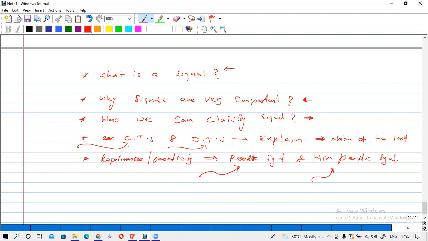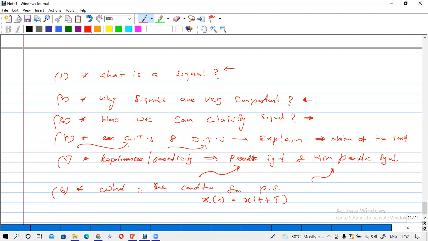And we have discussed the condition for a periodic signal, that is x(t) is equal to x(t + T). These 6 questions you should be able to answer.